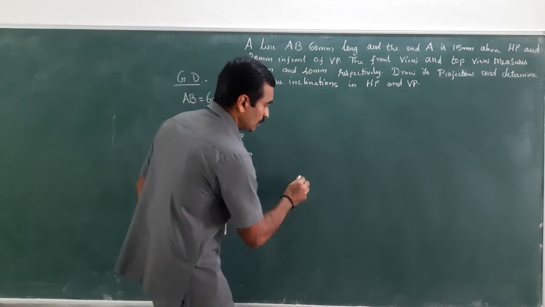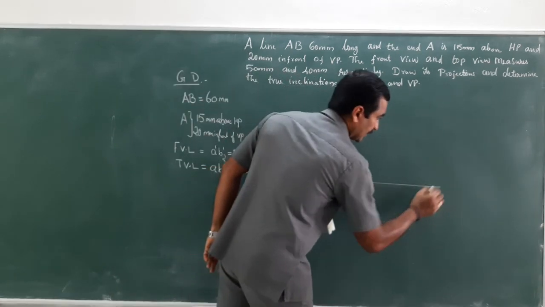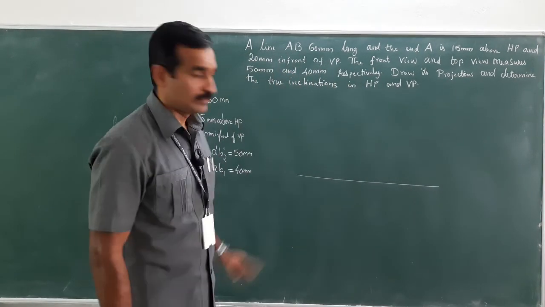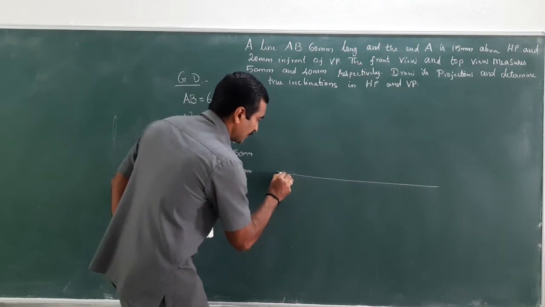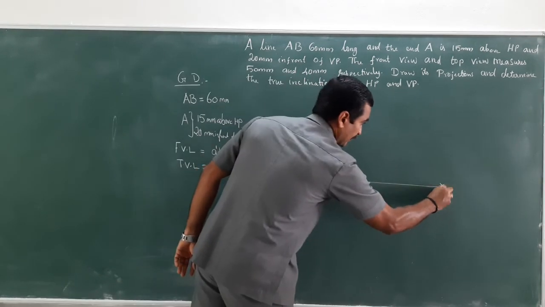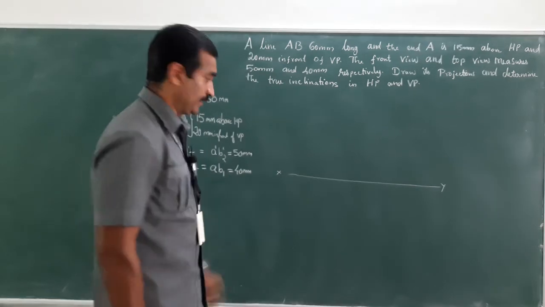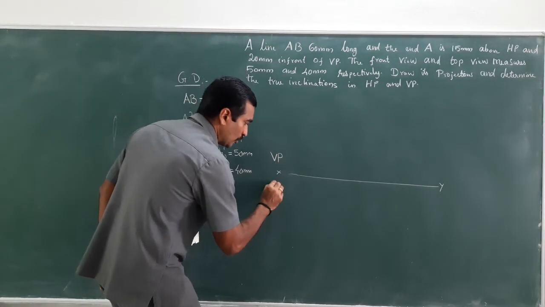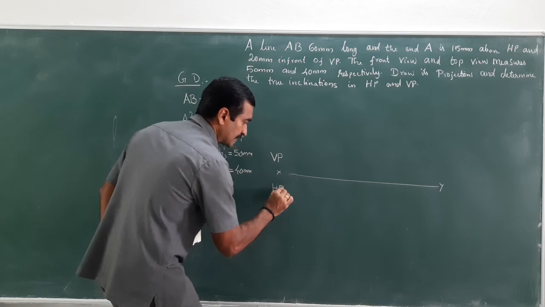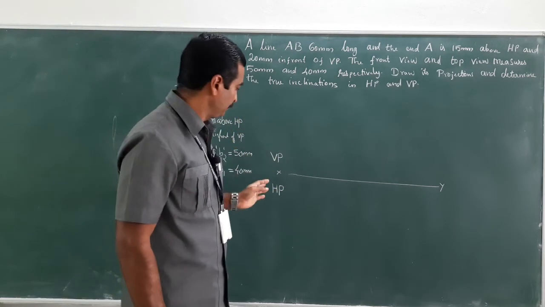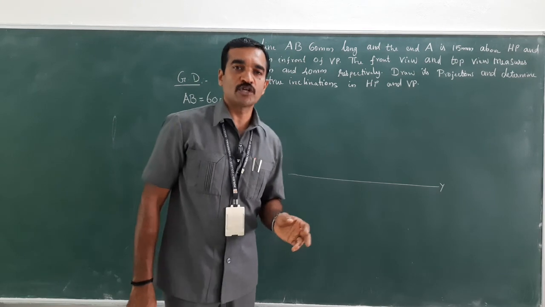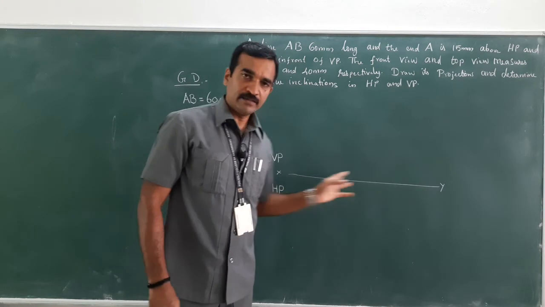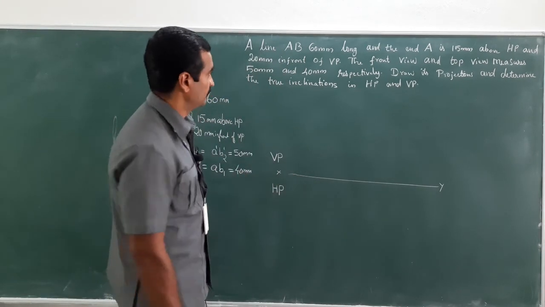First, you have to draw a horizontal line which represents the reference line XY. Above XY it is VP, and below XY it is HP. VP is the vertical plane, HP is the horizontal plane, XY is the reference line, right?